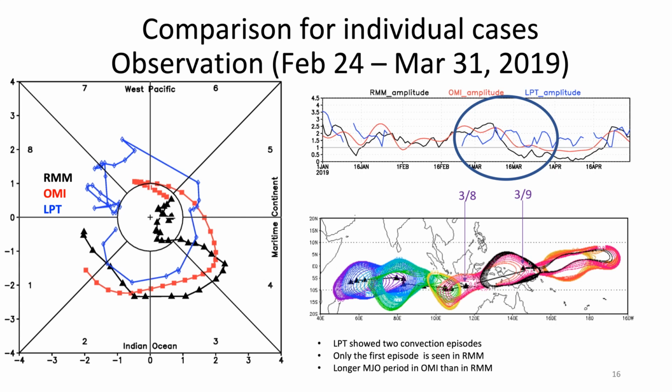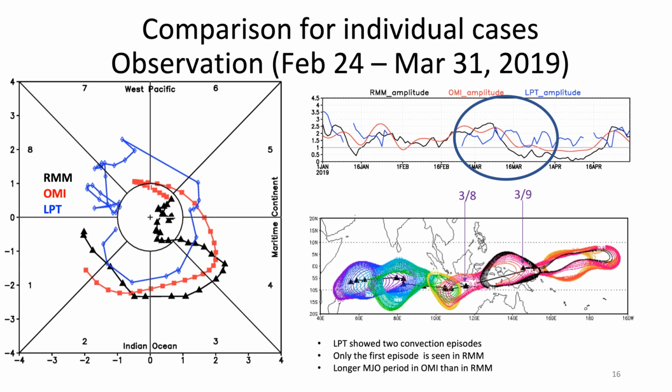So here's one example of comparison. This is for October 5th to 22nd, 2017. The left panel is a phase diagram, and the black is RMM, the commonly used MJO index. We see a relatively strong MJO amplitude with RMM for a relatively long time, like 3 weeks or so.